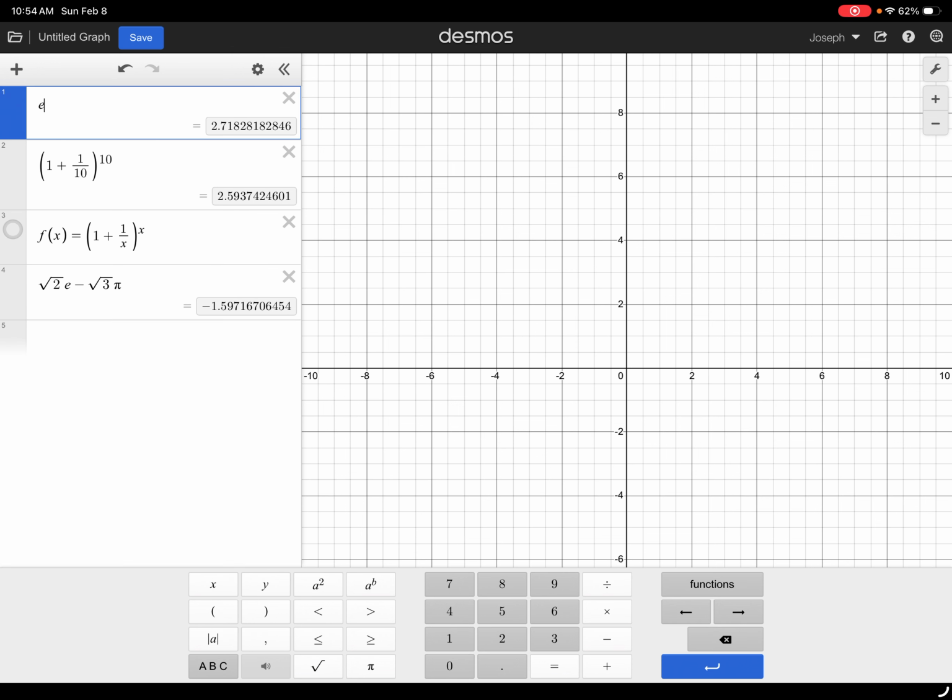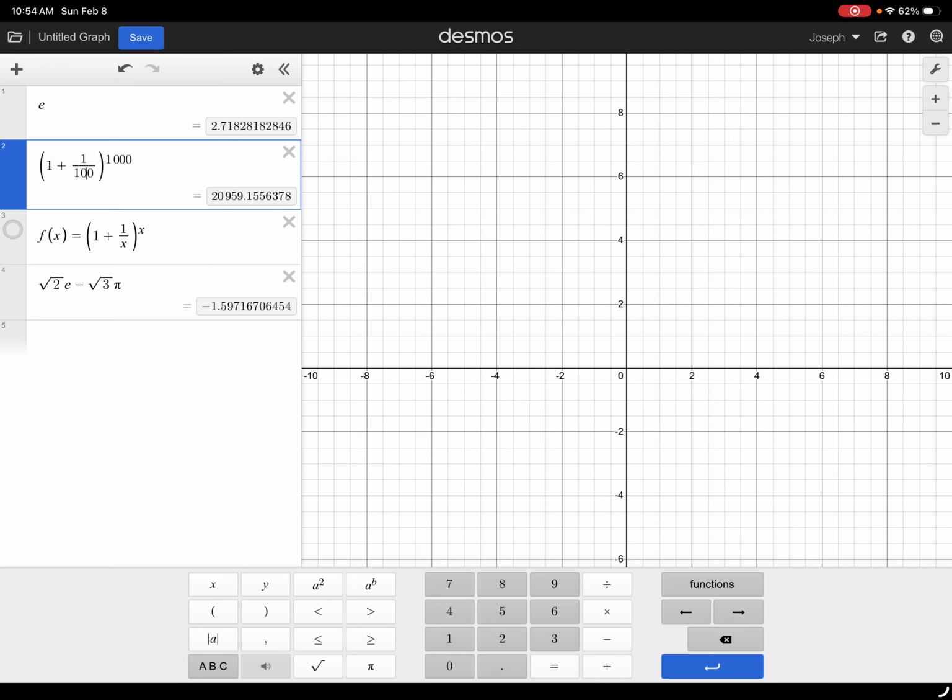Oh, I never got to finish what e was. If you want to define it exactly, you need something like this. Because the bigger you make this number, here I put 10. Notice 2.59 is close to 2.71. What if we put 100 down there and 100 up here? Look, it's getting closer, 2.70. What if we put 1,000 instead?